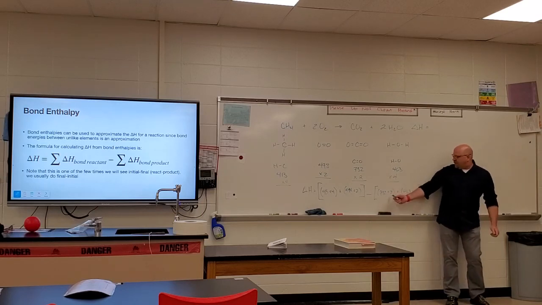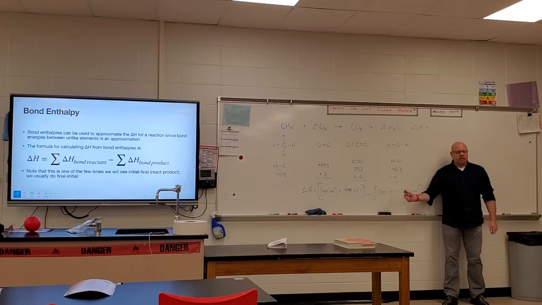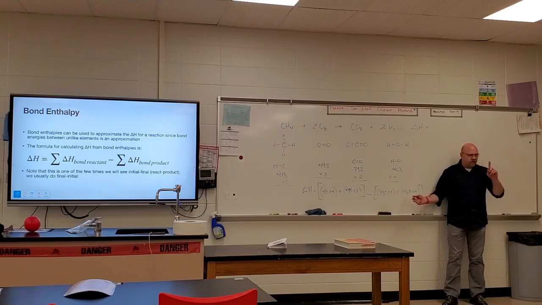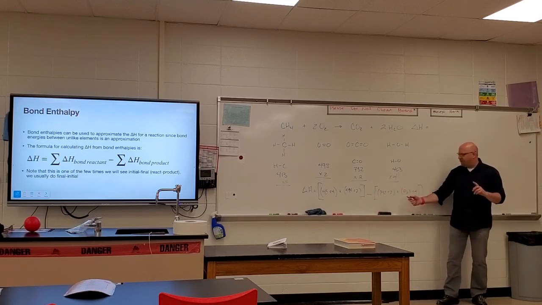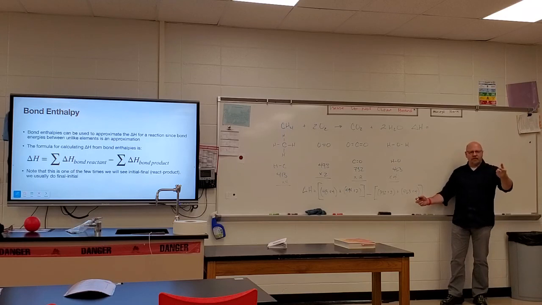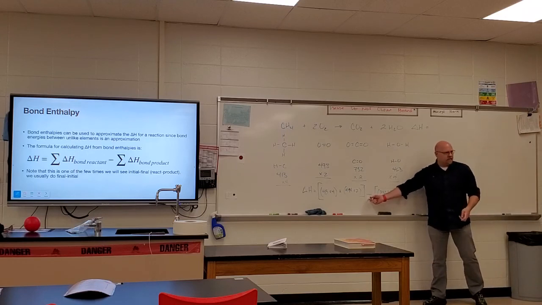Now these are the numbers that would be read straight off the table. They're positive values, but this corrects them. We want them to be negative. These are representing forming attractions, which would be releasing energy. That's what that does.